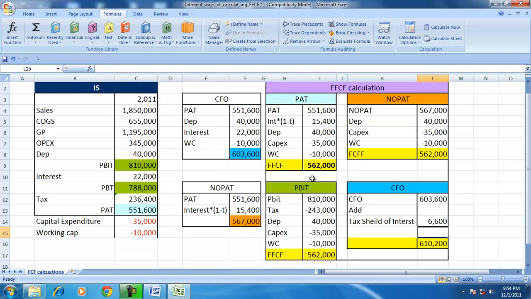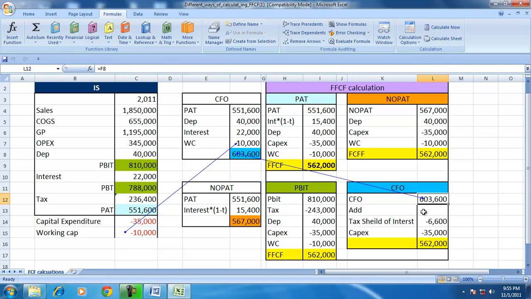That much of the tax benefit will not be there. Then you have capex, which is minus 35,000. We don't have to take the working capital because we have already taken that while computing CFO.